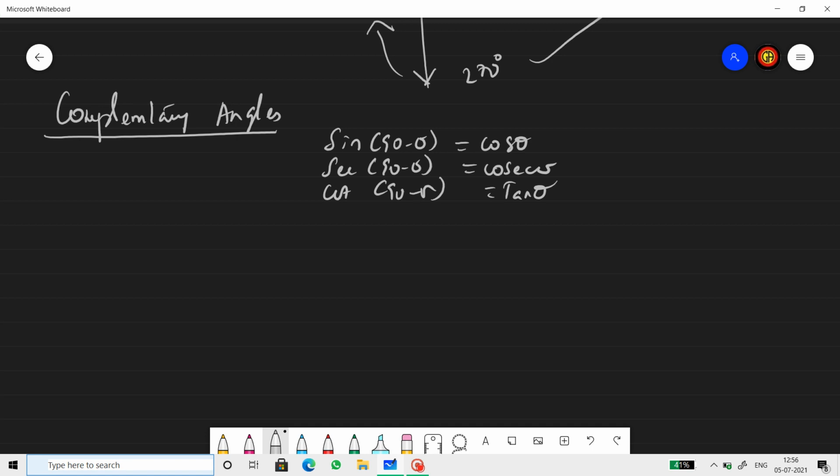Now what is complementary? 90. Here we are not only discussing angles below 90, we will also discuss angles above 90.